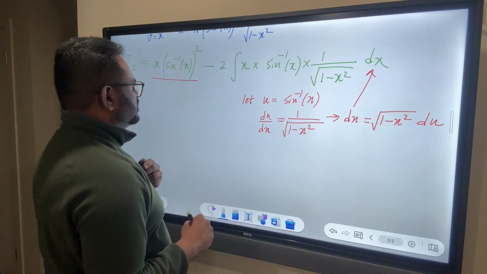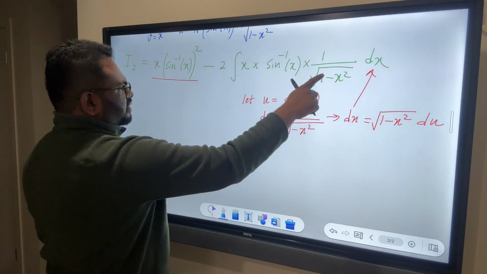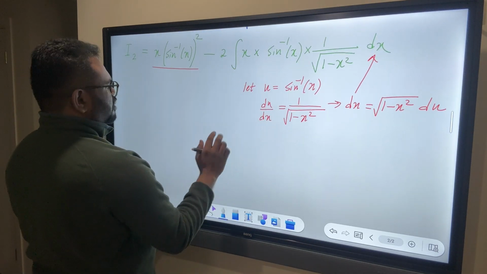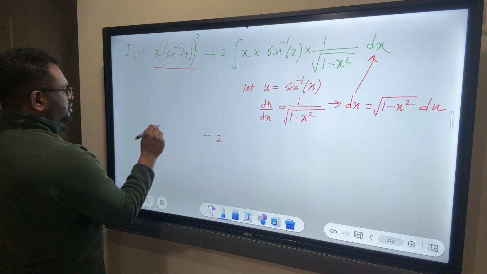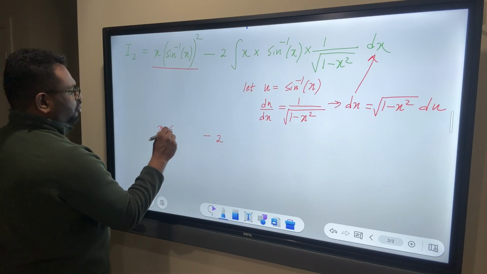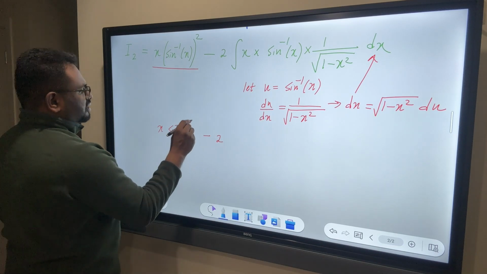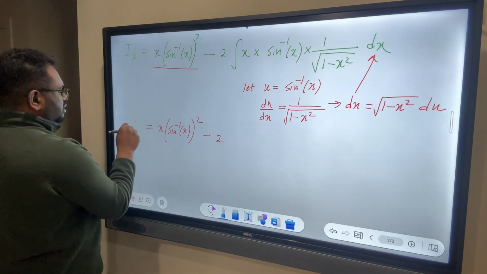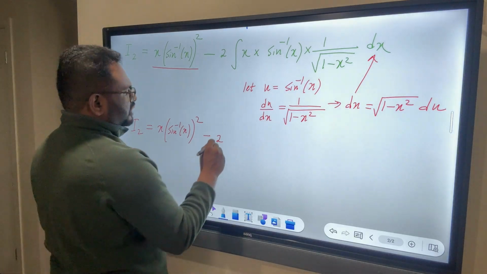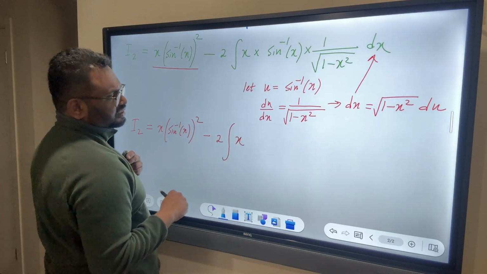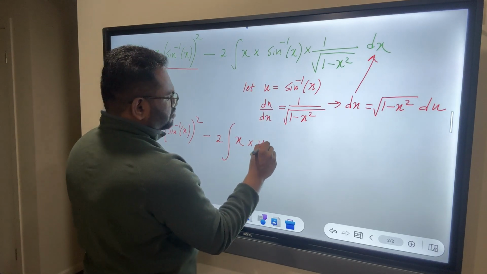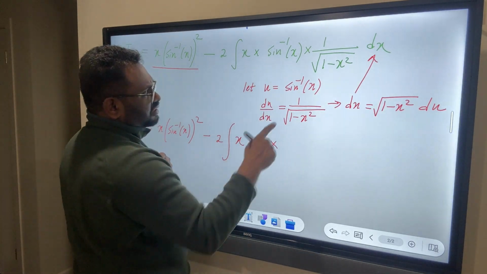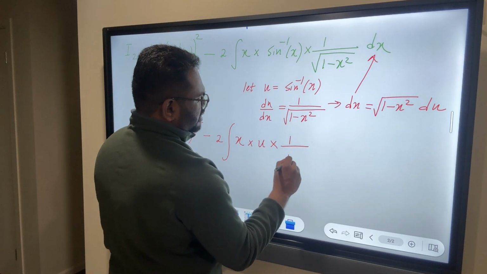Okay. So now what I'm going to do, I need to take care of this. So I'm going to write minus 2. This part I can simply copy. So this is going to be I_2 equals minus 2 times the integral of x, then I have sine inverse x, which is u, times this guy, 1 divided by the square root of 1 minus x squared.